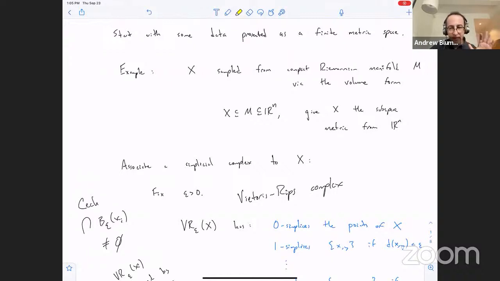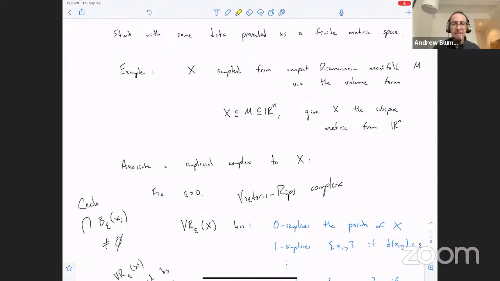From the perspective of data analysis, this is a very misleading example, but for a mathematician, this is the example everyone likes: imagine that your finite metric space is obtained by sampling from a compact Riemannian manifold, probably embedded in Euclidean space, and you sampled using the volume form.